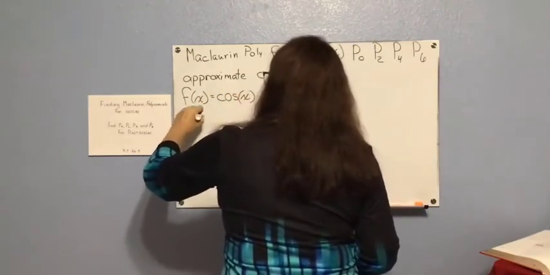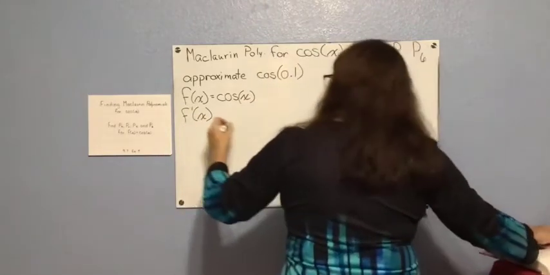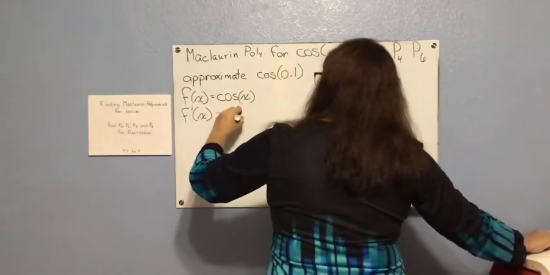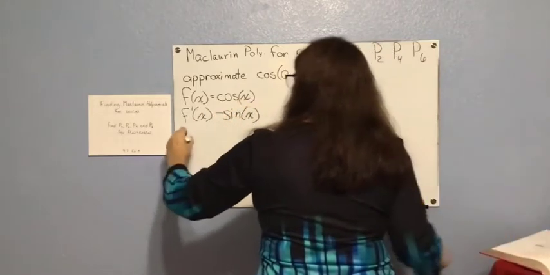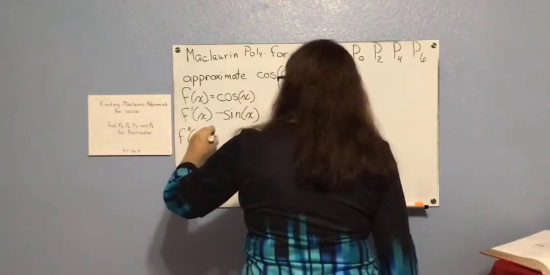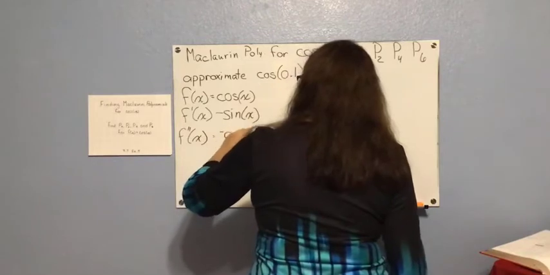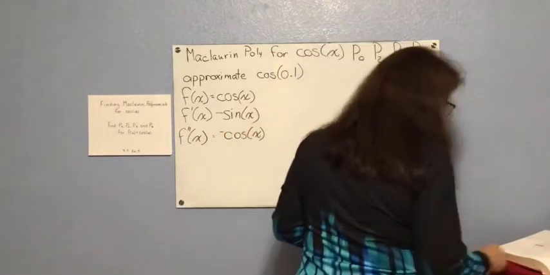I've got f of x is equal to cosine x, that's my original function. F prime of x is negative sine x. F double prime of x is negative cosine x.